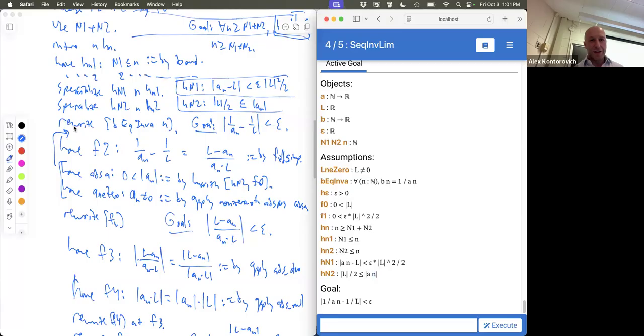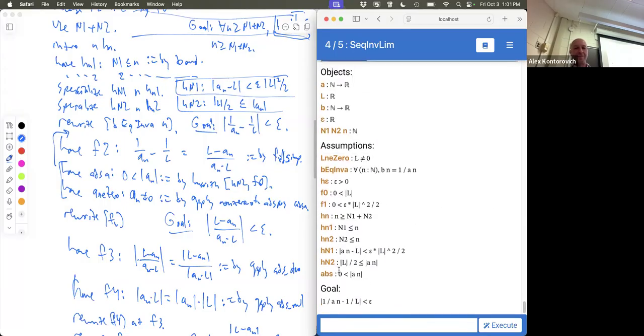Now let's get going. Before this F2, let's record that the absolute value of A is positive. So have abs A, which is AN is positive. That's by linear arithmetic using HN2 and F0. F0 is that L is positive, HN2 is that L over 2 is a lower bound for AN, so it's definitely linear arithmetic, and we got it.